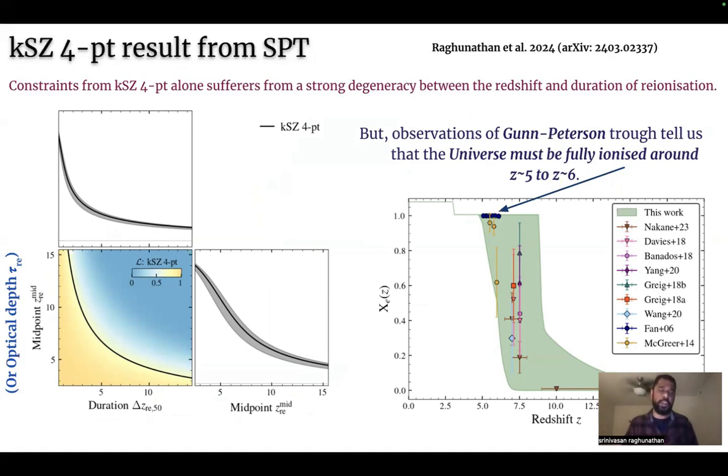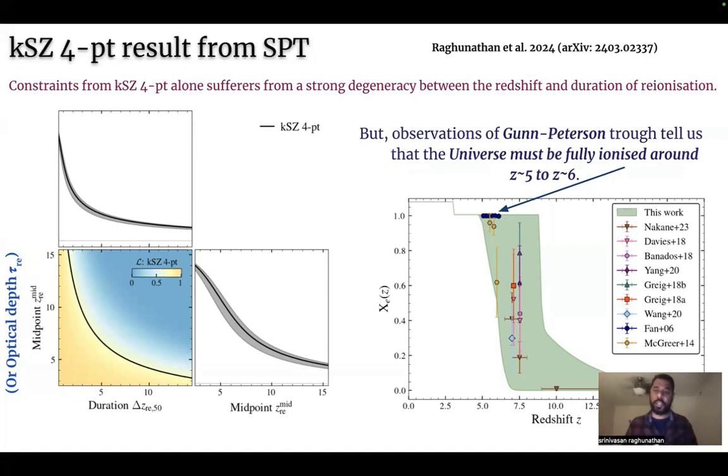What I'm showing here is the likelihood for 2 parameters. The horizontal axis is the duration of reionization, and the vertical axis is the midpoint of reionization. As you can see, unfortunately, if we just take the kSZ 4-point information, it's very degenerate for these 2 parameters. However, from other observations of high redshift quasars and Lyman alpha forests, we know that the universe became fully ionized around redshift 5 or 6.